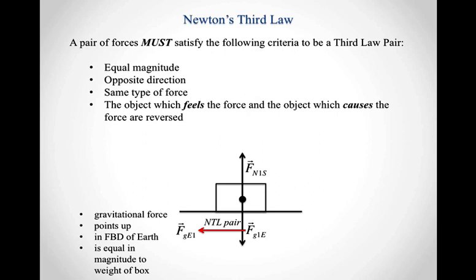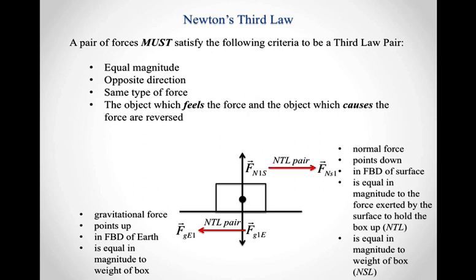If we want to think about the Newton's third law pair for the normal force, well, again, that needs to be a normal force. It will point down, but instead of being the normal force exerted on box 1 by the surface, now it's the normal force exerted on the surface by box 1. In the same way that the surface holds the box up, the box pushes down on the surface.